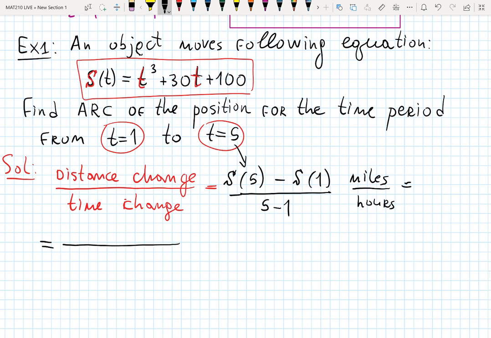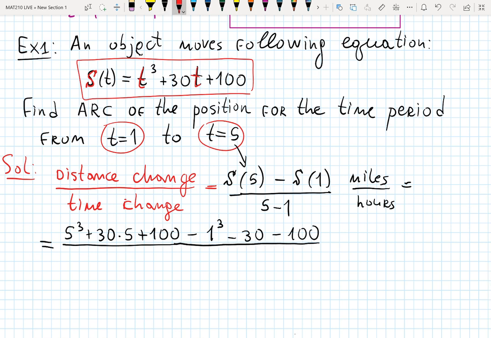The top becomes, plug in 5 everywhere: 5 cubed plus 30 times 5 plus 100 minus 1 cubed minus 30 minus 100. Don't forget to distribute the negative sign. If you're afraid to mess up, I would recommend you put minus and then brackets and distribute later. The bottom is 4. 5 minus 1 is 4.